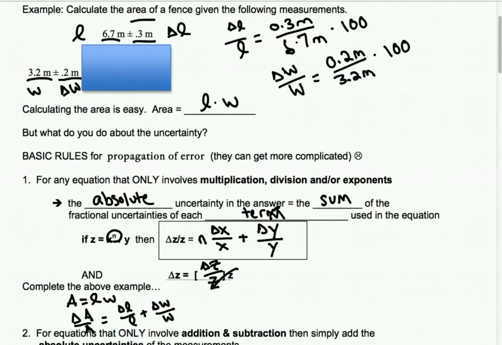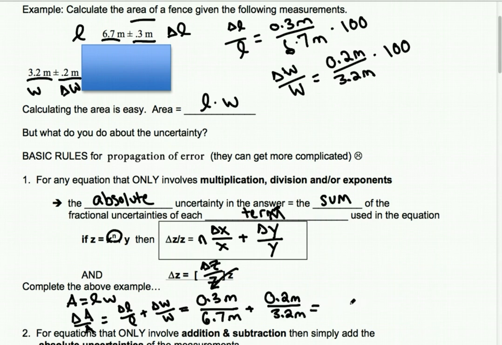So that's going to equal my 0.3 meters divided by my 6.7 meters plus my 0.2 meters divided by my 3.2 meters.